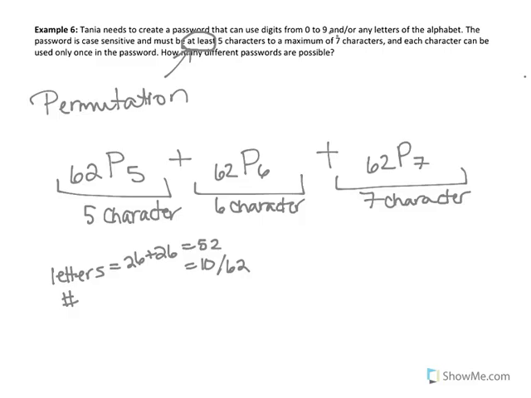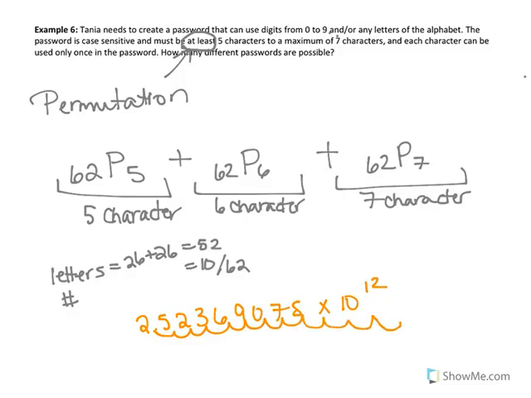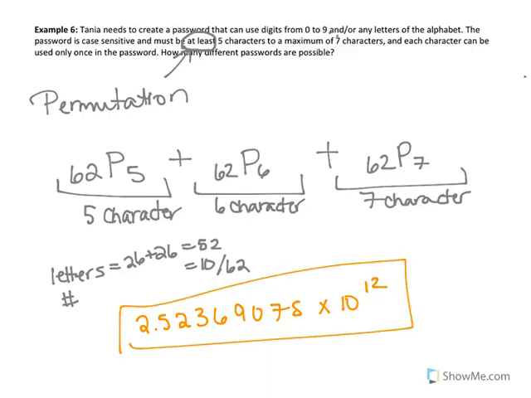It is a very big number, but you should get 2.5236907 times 10 to the power of 12, which is scientific notation, so that means we could move our decimal 12 times. 1, 2, 3, 4, 5, 6, 7, 8, 9, 10, 11, 12. So we're not going to actually write it out. You can just write it like this, but it is a very, very large number because there are many, many options for passwords. Okay, so there's your first look at permutations.